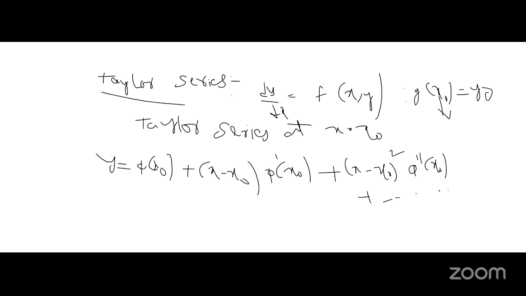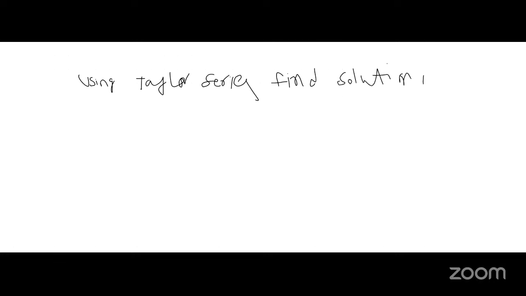We'll do one example problem from your textbook. In your textbook, there is one problem: using Taylor series, find the solution of x y dash equal to x minus y, where initially y of 2 equal to 2.